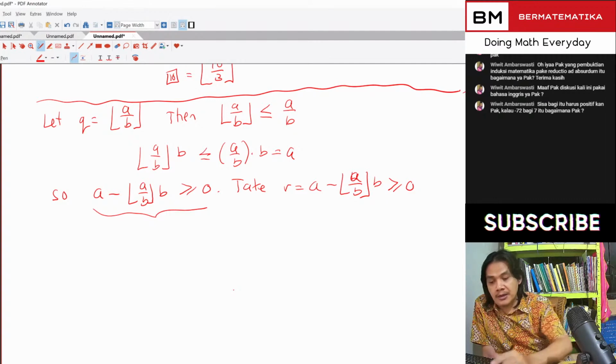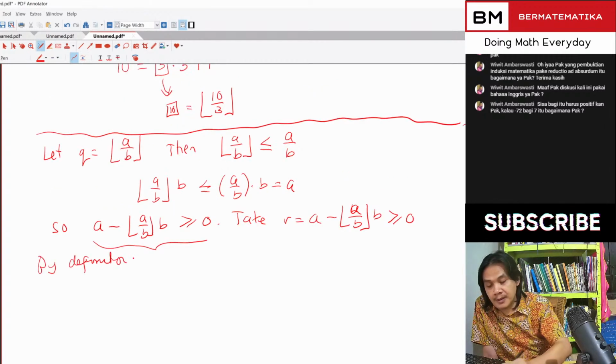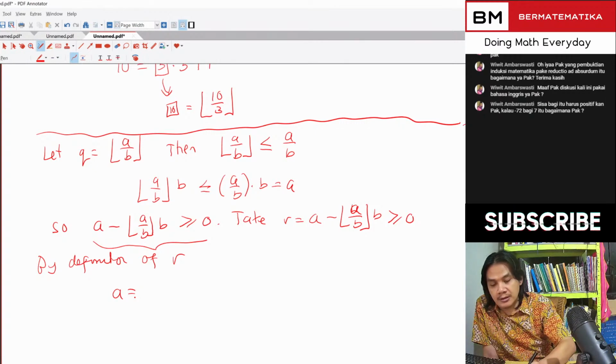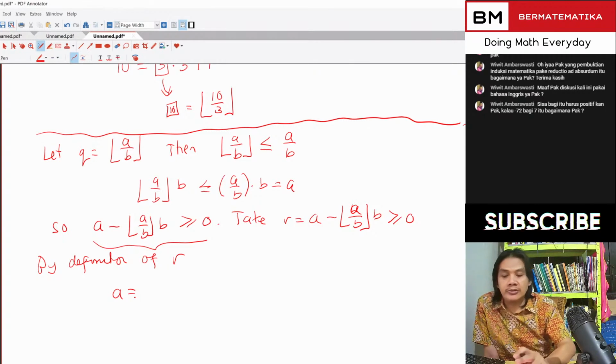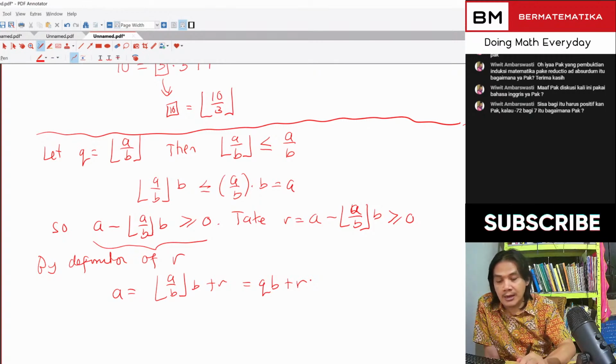By definition of r and q, a is equal to floor of a over b times b plus r, which is qb plus r. So then what we need to show is that our r is less than b.